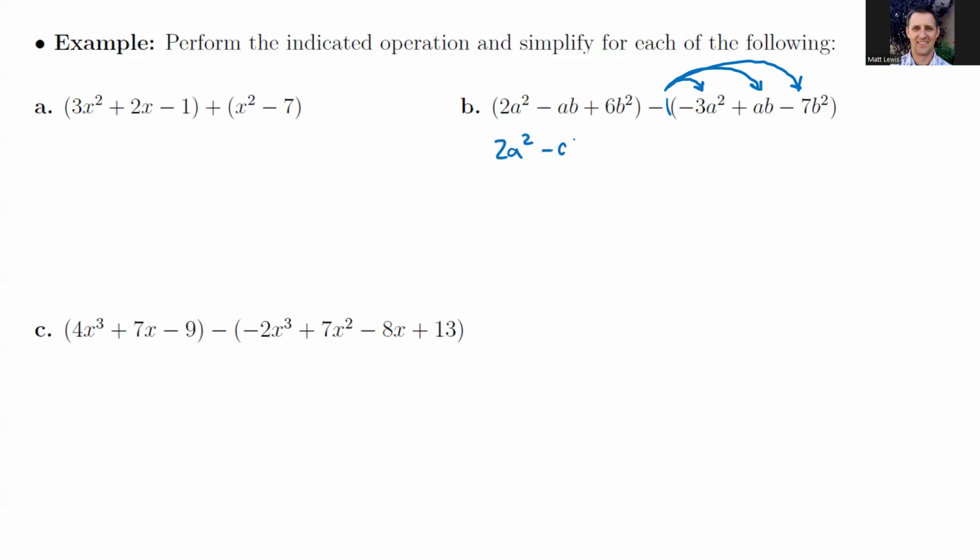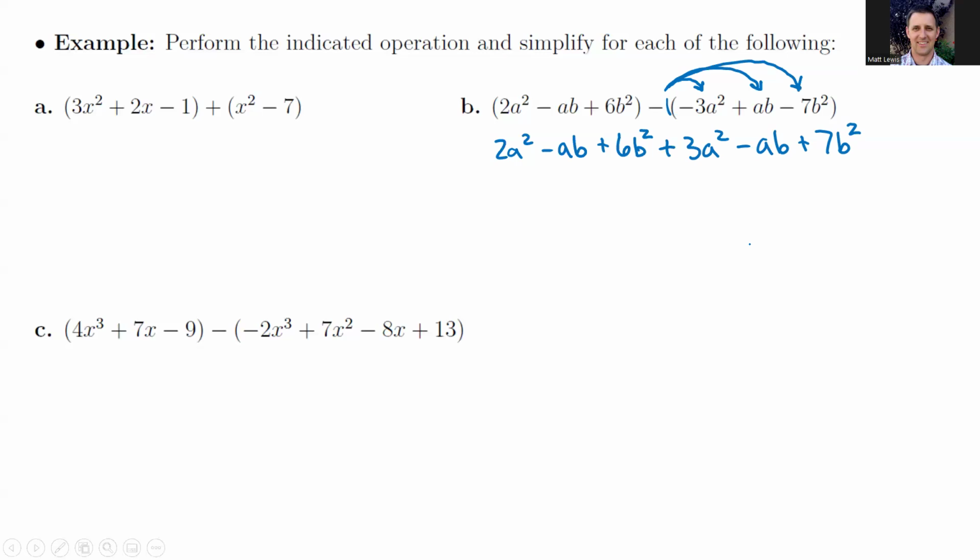So these terms here just come down, and I can drop the parentheses because they're not really doing anything. But then as I distribute the -1 through these terms, I can drop the parentheses there as well. -1 times that is positive 3a squared minus ab plus 7b squared.